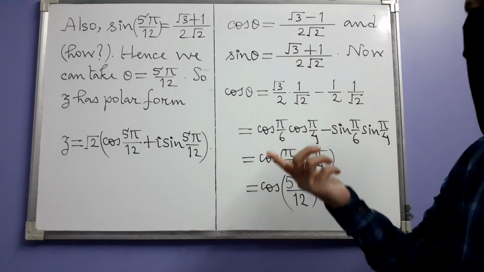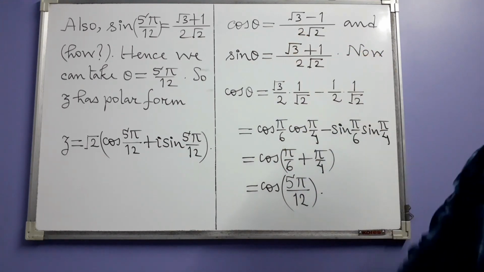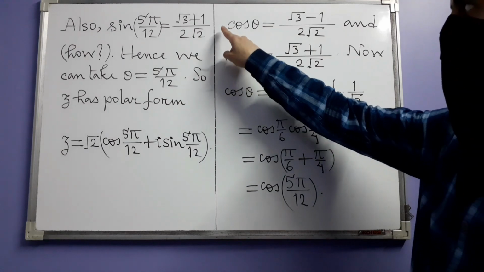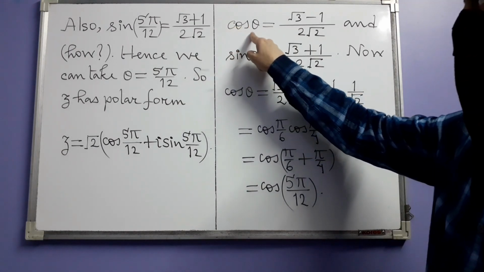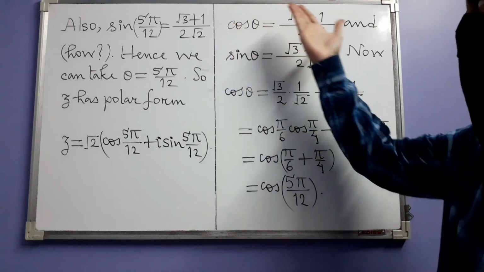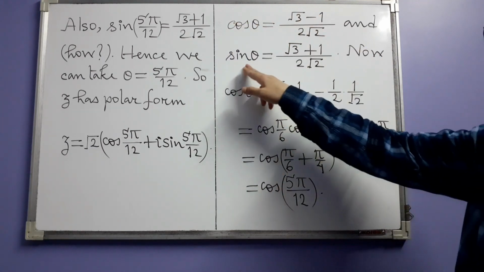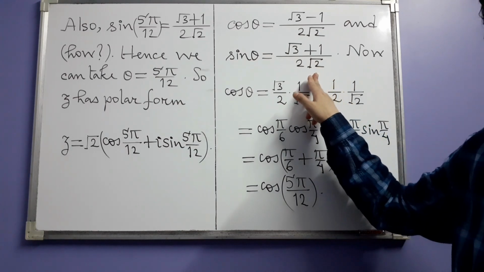And when you use that value back in those equations, you get these two equations. That is, you get square root of 2 times cos theta equals root 3 minus 1 divided by 2, and then you bring that square root of 2 over to this side. Similarly, you get sin theta equal to this.